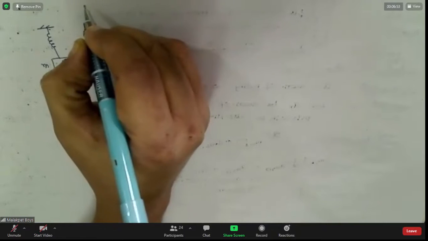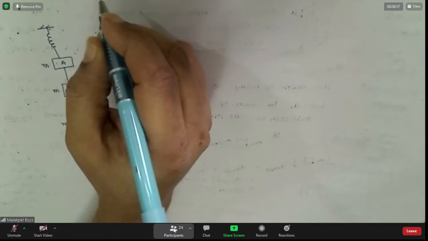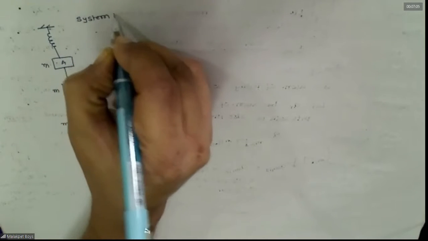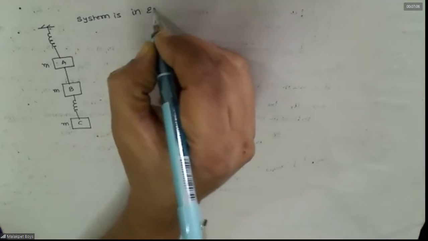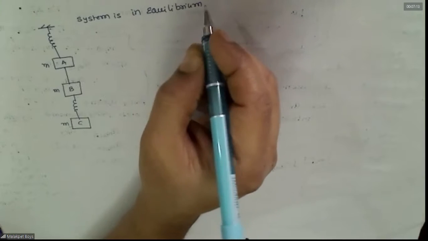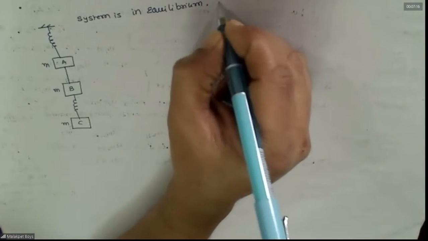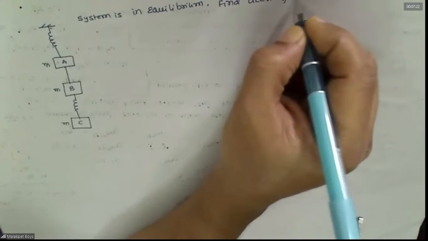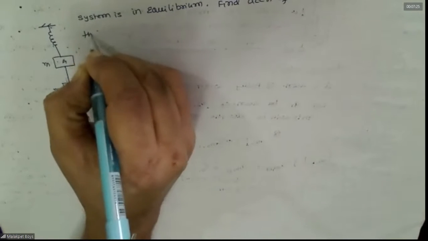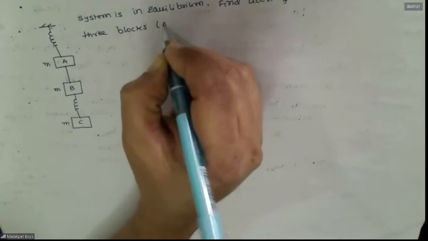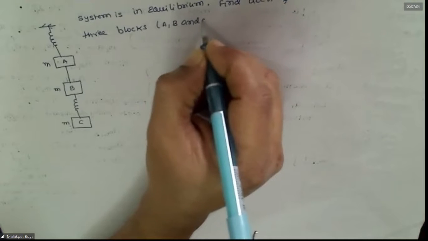So here the system is in equilibrium. The acceleration of all three blocks is to be found.